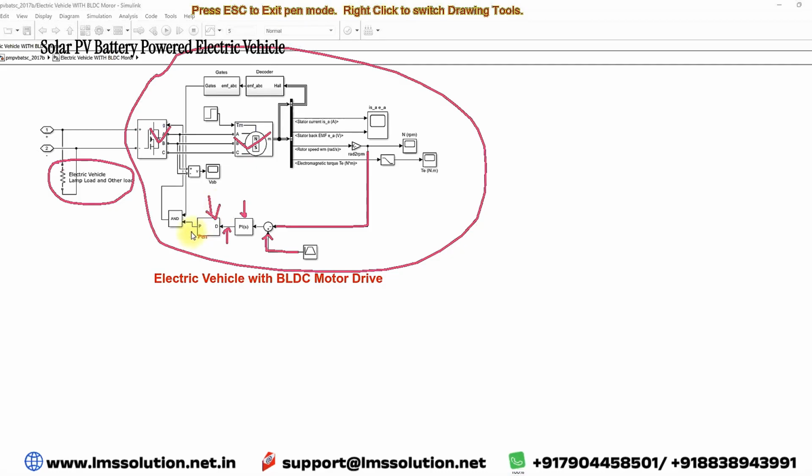The output of this PWM generator is compared with the gating pulse of the voltage source inverter based upon the hall sensor output of the BLDC motor, and finally the gating pulse and the pulse from the BLDC motor are combined using an AND gate and given to the voltage source inverter to control the power and the speed of the BLDC motor.